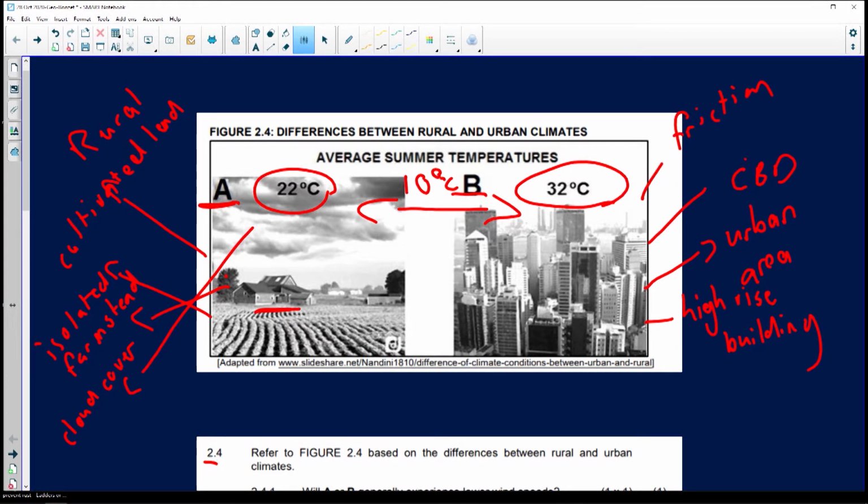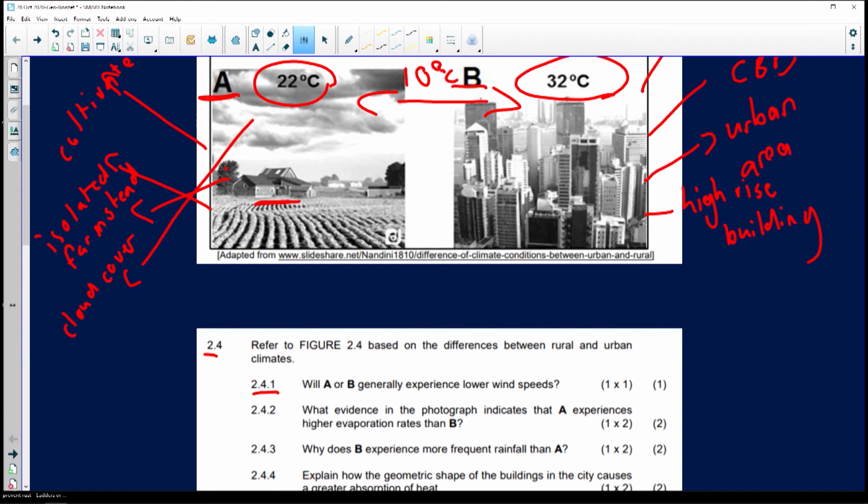If you look at rural areas, you can see it's quite flat, with not many built-up areas. Just imagine wind blowing. These tall high-rise buildings are going to create friction, so the wind speeds will be higher in the rural areas because it's a much more open space. So the correct answer for 2.4.1: B will experience lower wind speeds. Why? Because friction is created by the tall buildings.